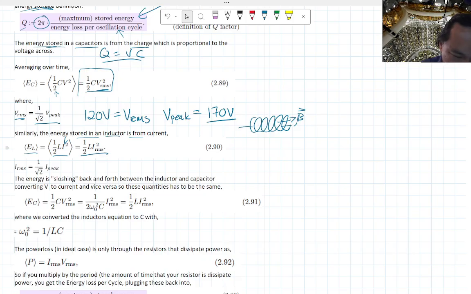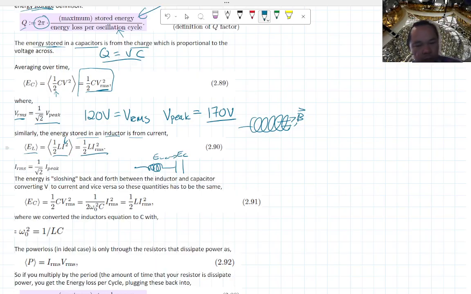What's neat about this is that when your circuit is on, the energy in the inductor and the energy in the capacitor are sloshing back and forth between them. When the voltage is very high, a lot of the energy is stored in the capacitor. When the current is very high, a lot of the energy is stored in the inductor. As the voltage gets to its peak, all the energy is in the capacitor.